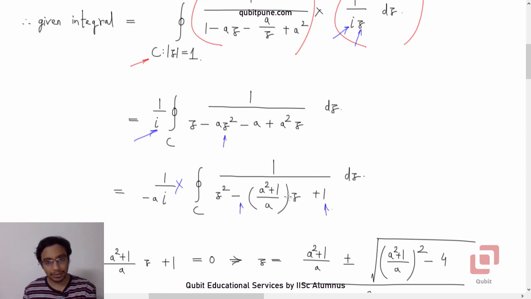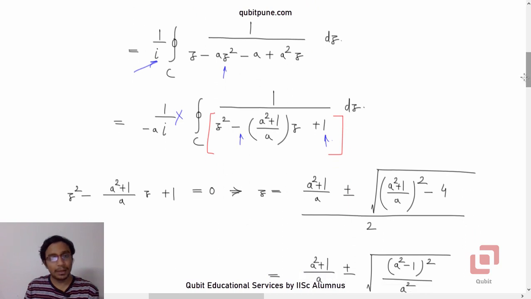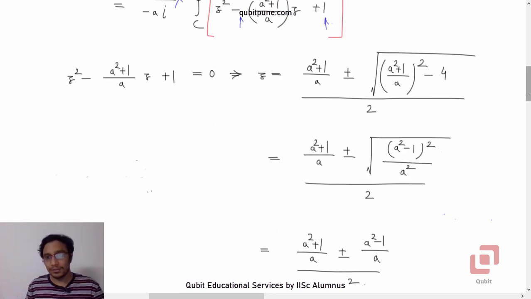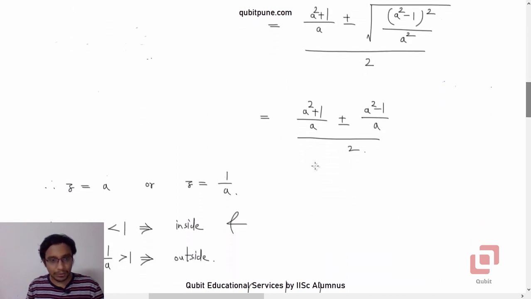Now this is a quadratic expression, the one in the denominator. So this function, being a rational function, is going to have only two roots because it is a quadratic expression. Solve it: z squared minus a squared plus 1 upon a times z plus 1 equal to 0. After solving the quadratic equation, the roots are z equal to a and z equal to 1 upon a.